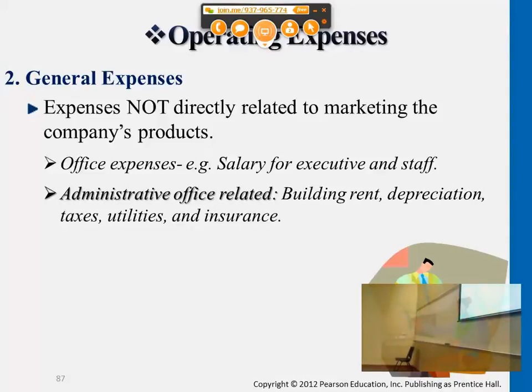Again, in the first section of the multi-step income statement, we get to gross profit. Then we consider all the other operating expenses, selling expenses, general expenses, then we reach the second subtotal, operating income.